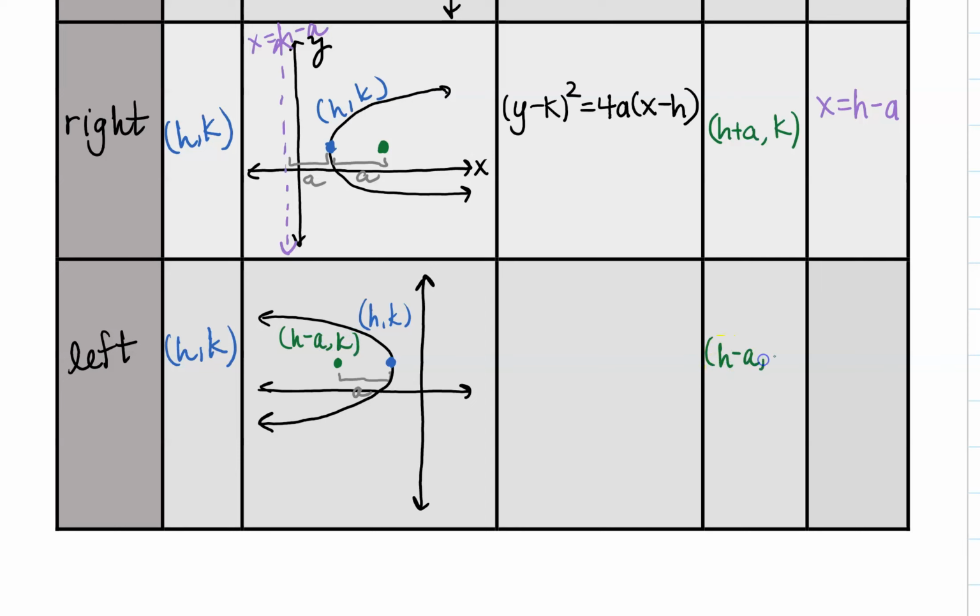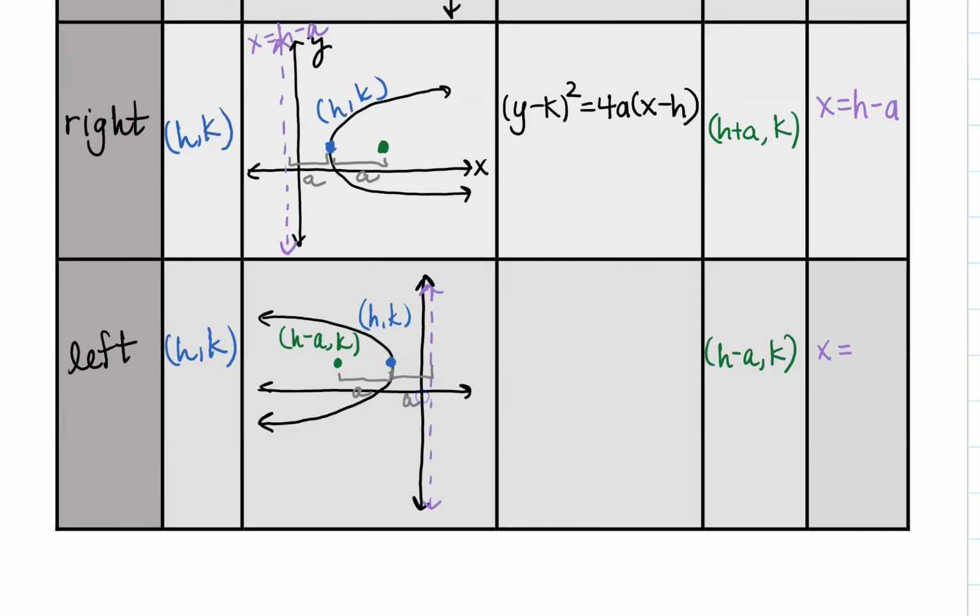Those are the coordinates for the focus for a parabola that opens to the left. If the focus is to the left of the vertex, the directrix is to the right of the vertex. So the directrix is now this vertical line. Vertical lines have the form x equals, and we moved a units to the right of the vertex.